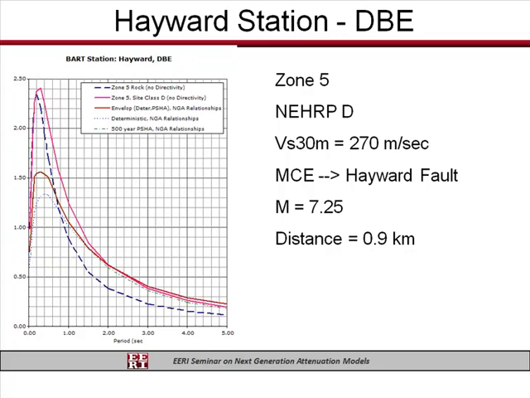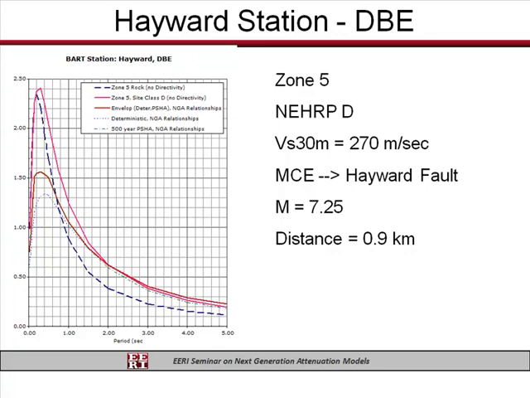And because this is for the DBE design level, it's the maximum of either the 500-year probabilistic hazard or the deterministic plus a half sigma median ground motion. For this case, it turns out that the probabilistic controls almost the entire spectrum from the 2002 relationship.